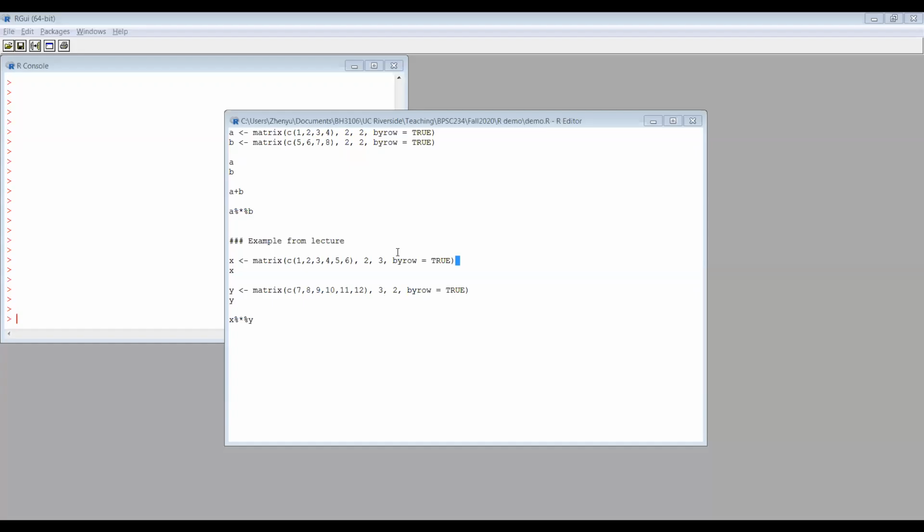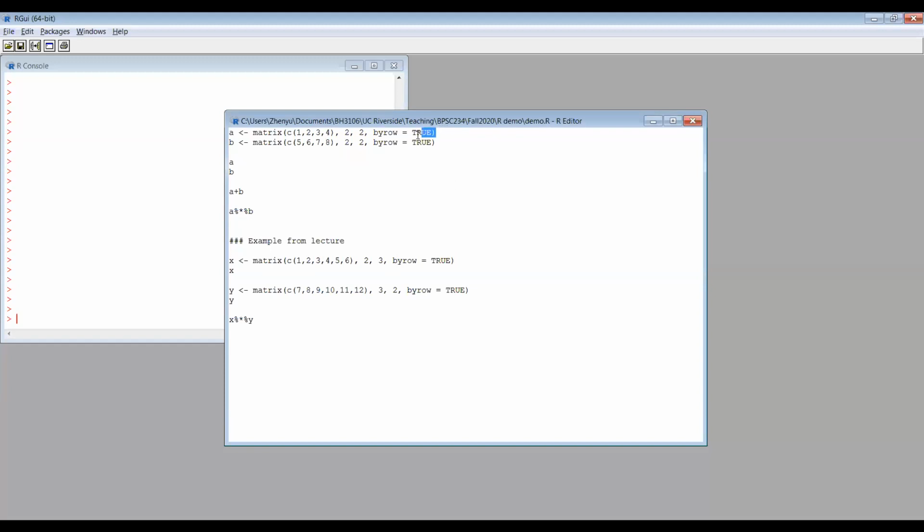This is an example to show how you can use R to manipulate a matrix, to use matrices to help you do the calculation.